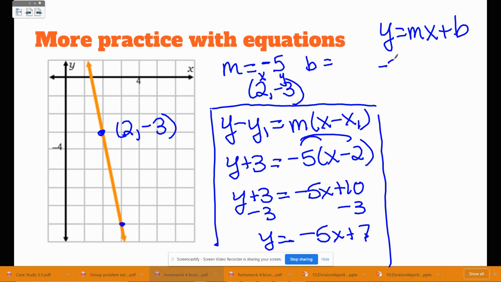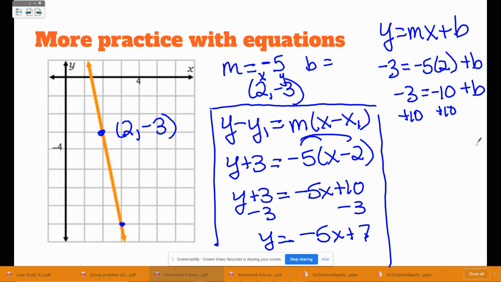So you could say -3 is -5 times 2 plus b. That's -3 is -10 plus b. Add 10, and you can see that b would have to be 7. Now you know the m and you know the b. You can write the equation the way we need to.